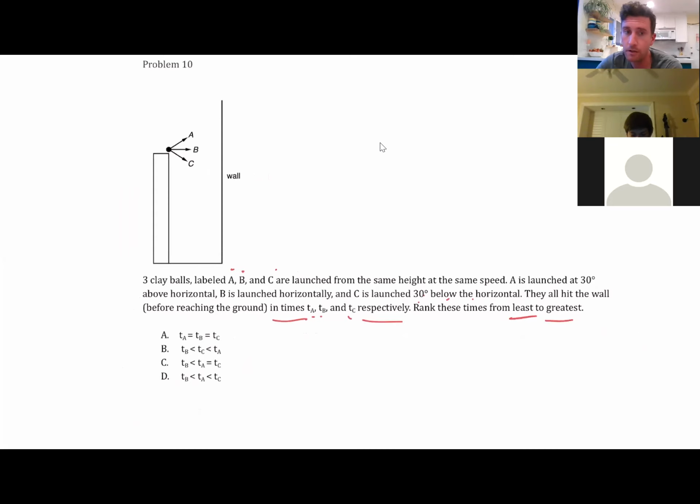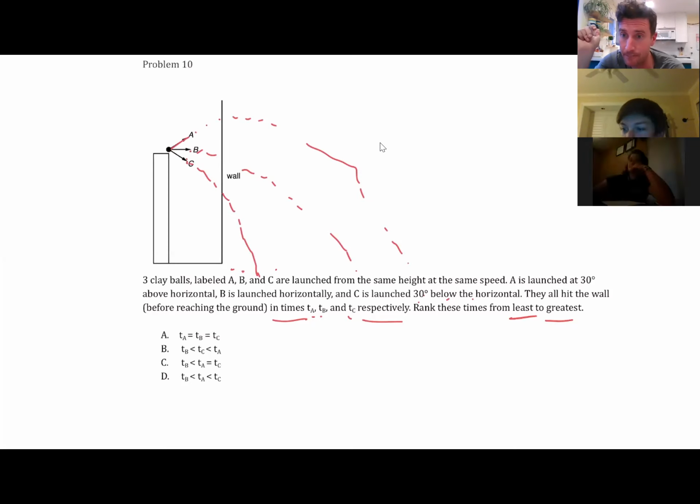Okay, so if I was looking at distances, then the one that's going up would be in the air for longer, and it would go further. The one that's going straight would go medium, and the one that's going down would go the least far. But I'm not looking at distances, I'm looking at times.